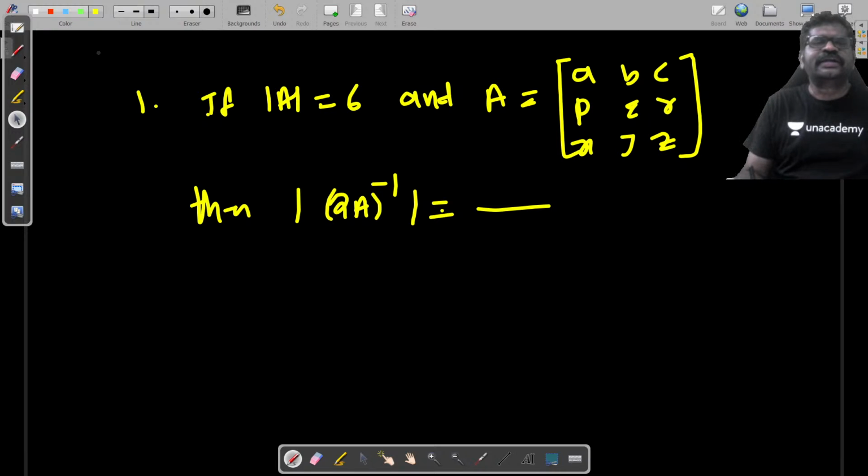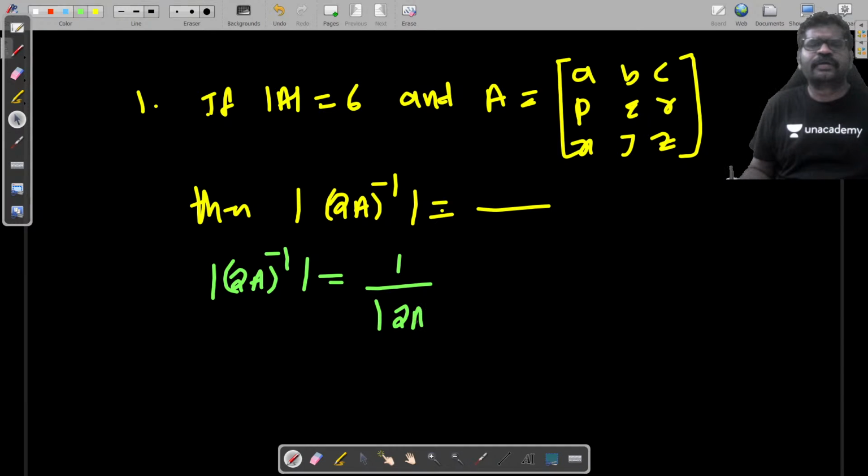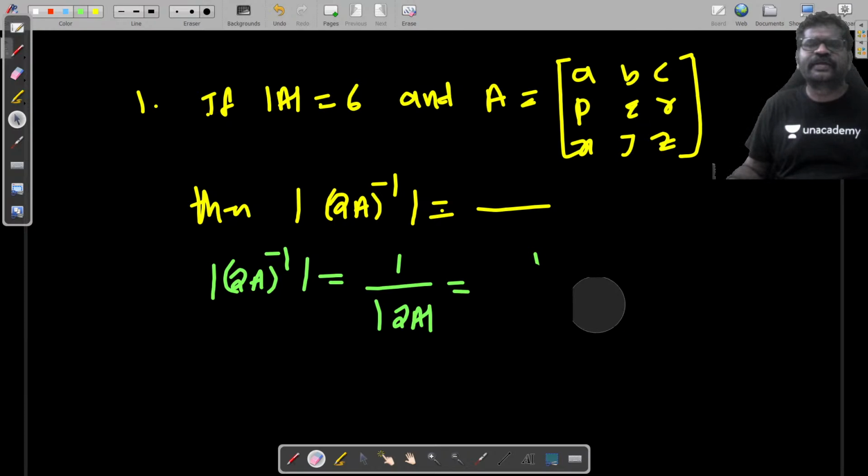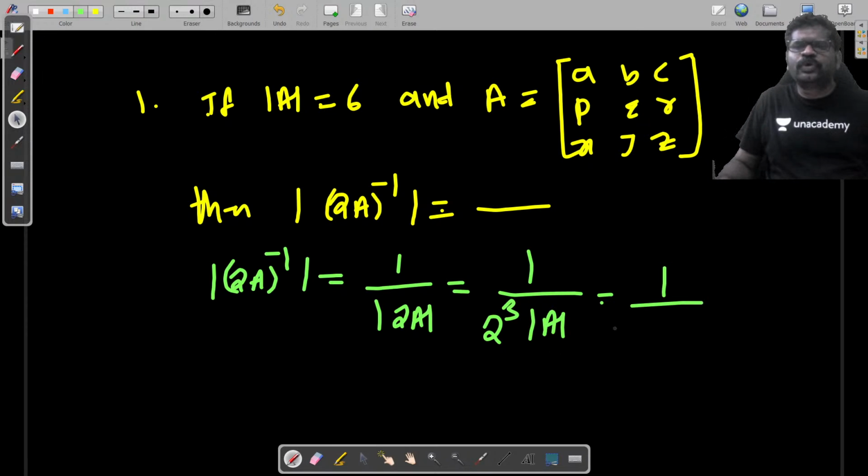Now the determinant value of 2A whole inverse is 1 by the determinant value of 2A, which is 1 by 2 cube into det A. 1 by 2 cube is nothing but 8, det A is 6.